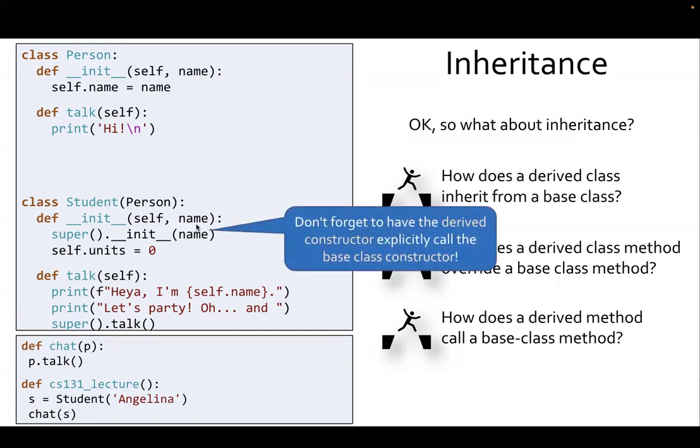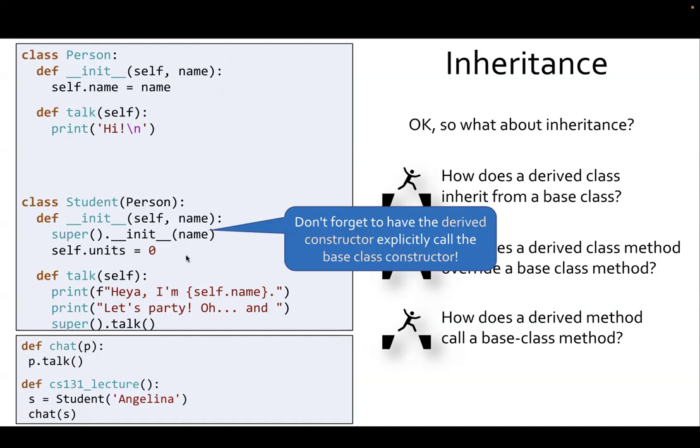So if you have a different attribute and you're defining a new constructor over here, do not forget to have the derived constructor explicitly call the base class constructor. So this line over here is basically calling this constructor to assign the attribute from the base class.